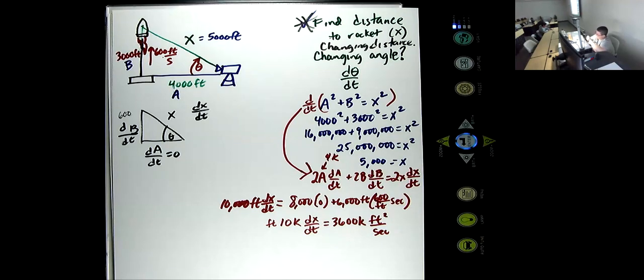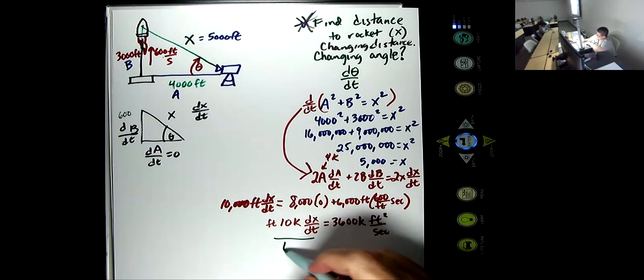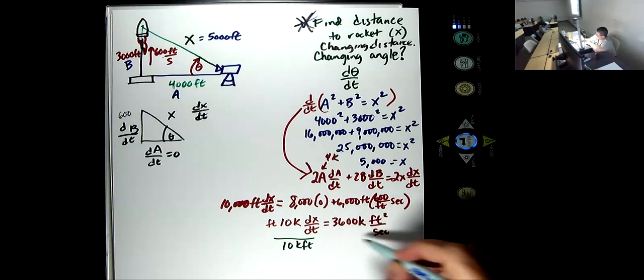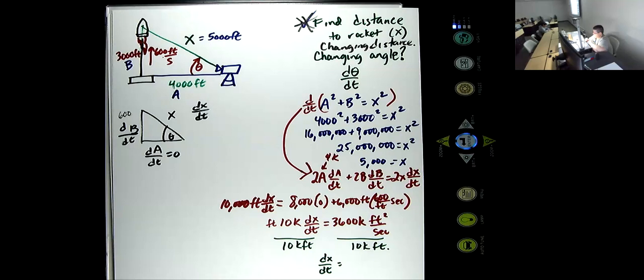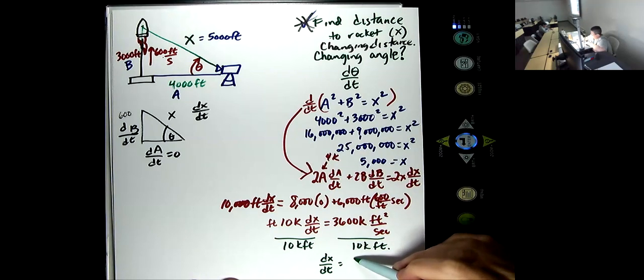So if I divide by 10K feet, 360 feet per second.